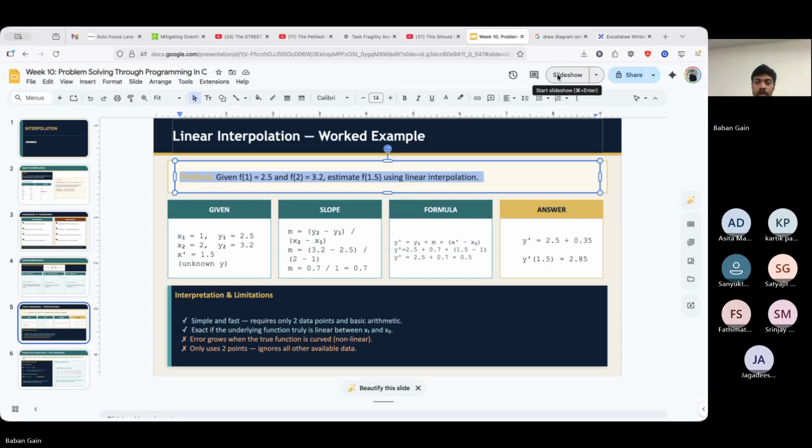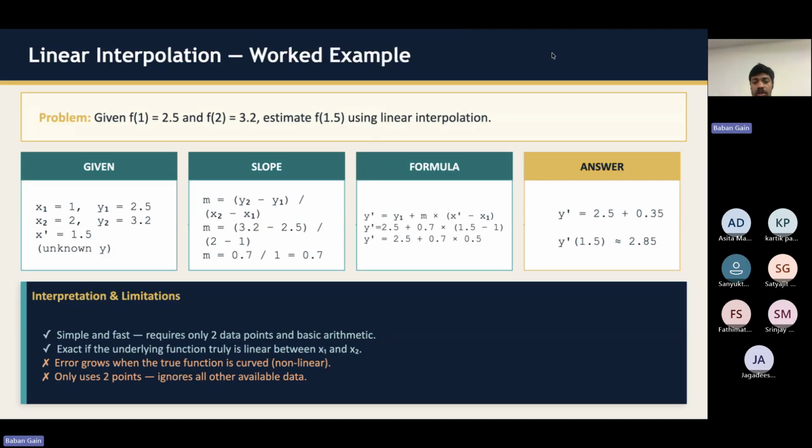Yeah. So this is what we have written here. It is much easier to visualize it through graphs. But here basically I'm just calculating the m, which is y2 minus y1, divided by x2 minus x1. y2 is this, y1 is this, x2 is 2, x1 is 1.